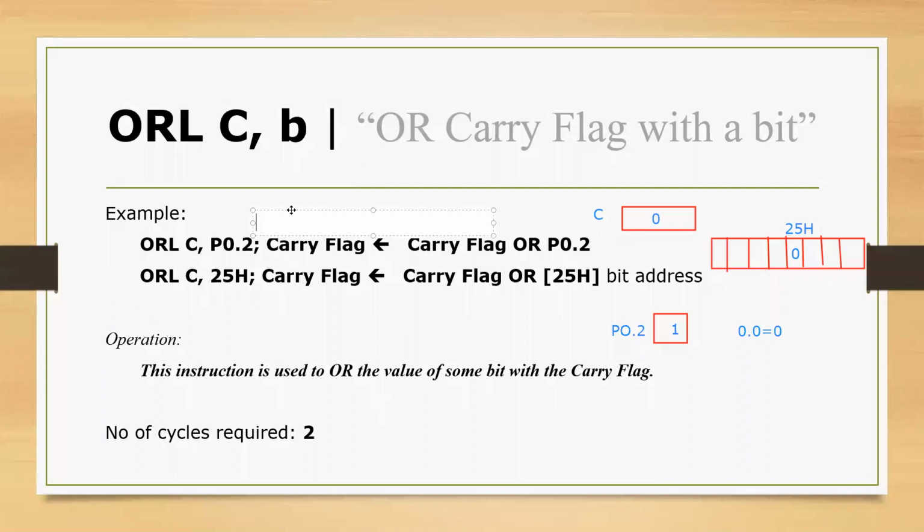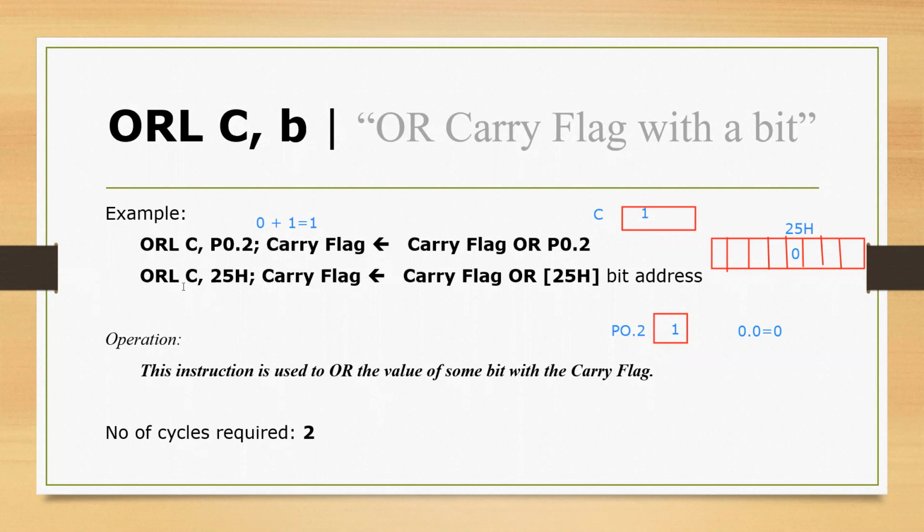For the first instruction, the carry flag value is 0 OR the value in P0.2, that is 1. So the answer you get is 1: 0 plus 1 gives 1. This result is placed in the carry flag, so the carry flag value becomes 1.